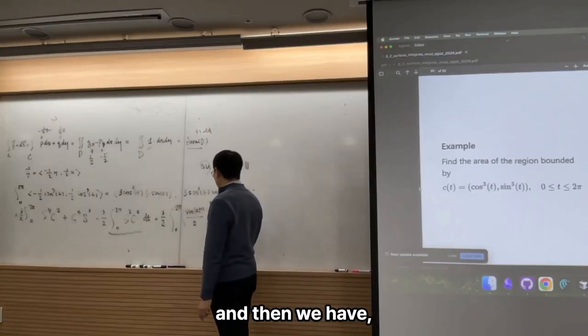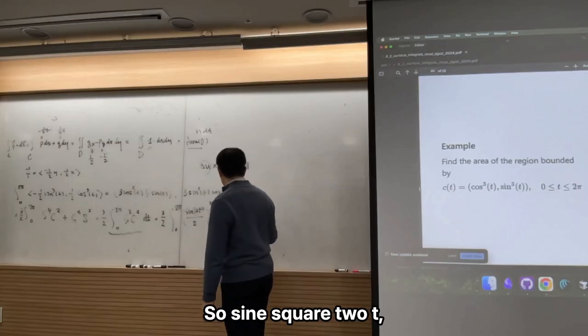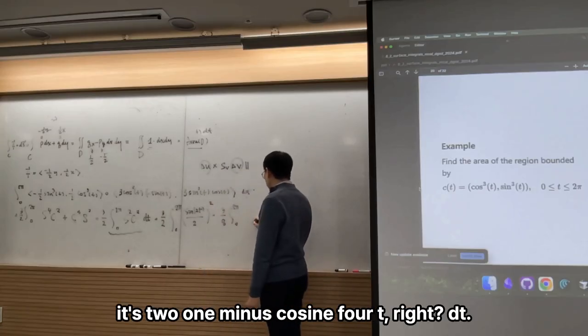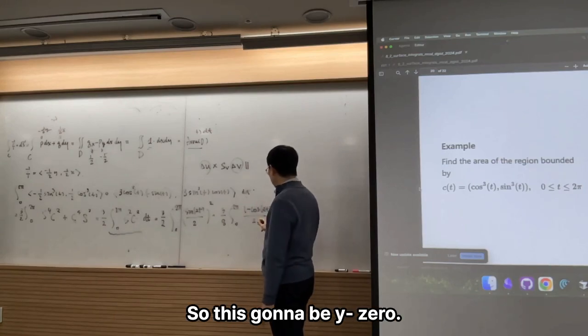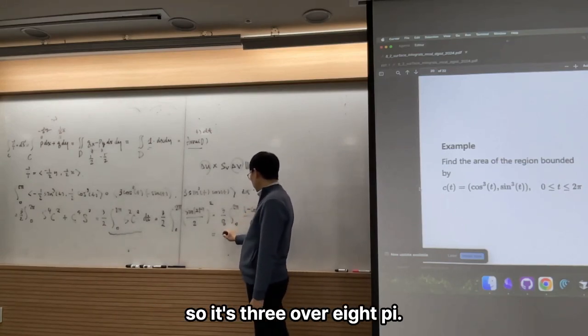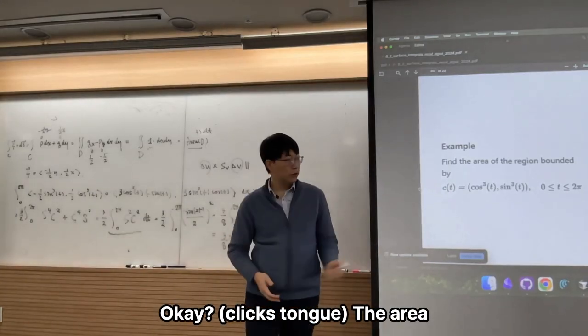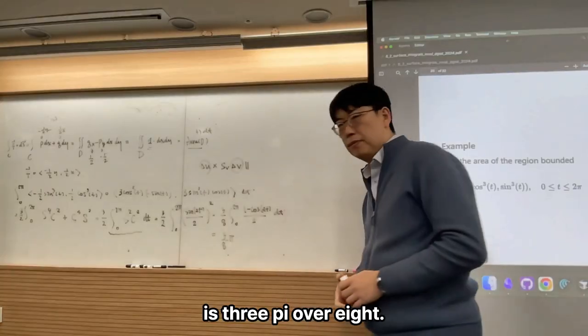Then we have 3 over 4, 0 to pi, sine squared 2t, which is 1 over 2 times 1 minus cosine 4t, dt. So this part is going to be 0, and then this 1 over 2 pi, so it's 3 over 8 pi. Okay? So the area is 3 pi over 8.